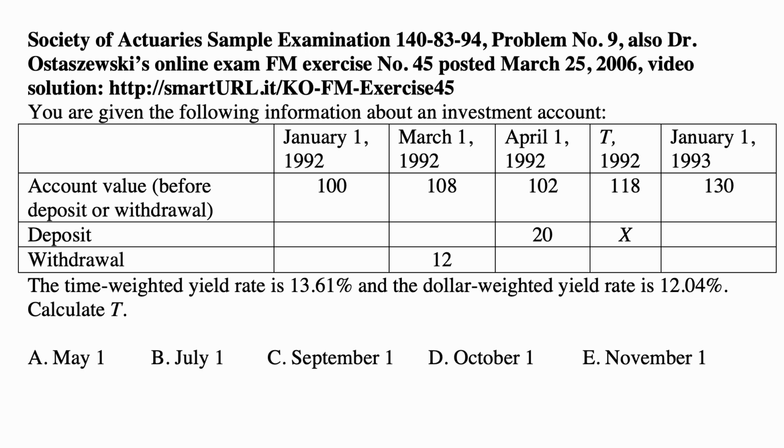There is a deposit of 20 on April 1st, 1992, and deposit of X at the time T in 1992, and there is a withdrawal on March 1st, 1992 of 12. The time-weighted yield rate is 13.61%, and the dollar-weighted yield rate is 12.04%. Calculate T.